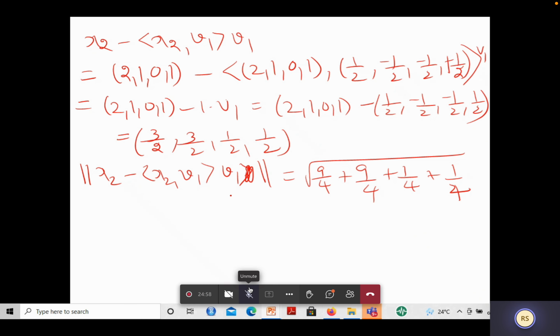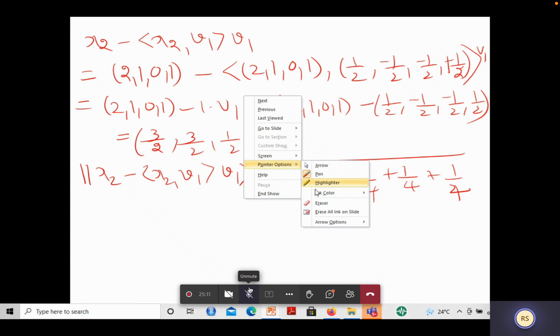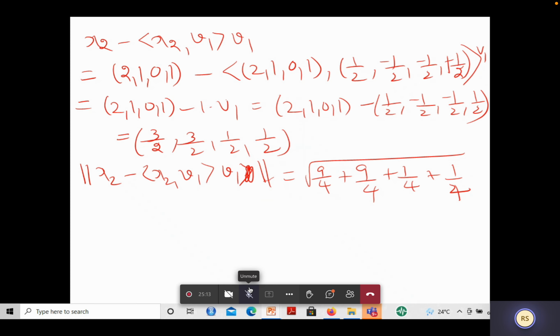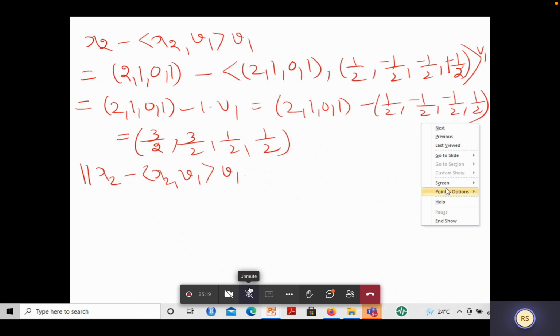Root 5. Ma'am, so the norm is every time the square of the inner product? Here the inner product is the dot product. One minute, I'll show why this is happening. It depends upon what inner product we are choosing. If the inner product is not specified, it is the Euclidean standard inner product, that is the dot product.